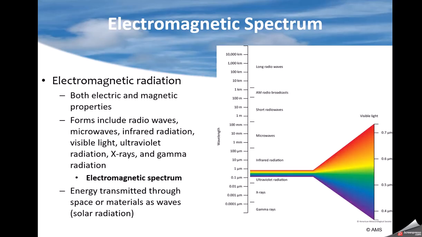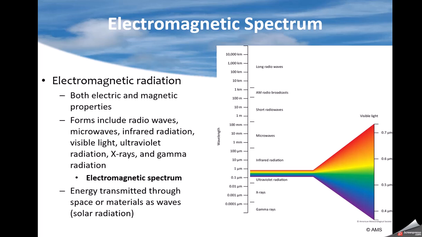So, what is electromagnetic radiation? It's like radio waves, or X-rays, or we've all probably heard about the radiation caused by nuclear explosions, like fission or fusion.